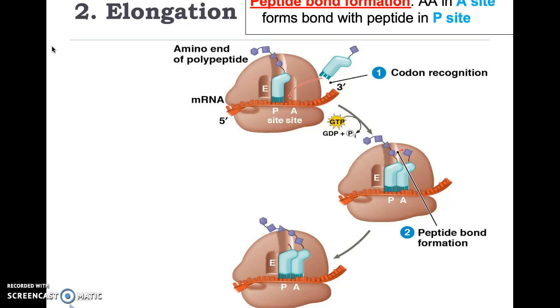If we look at this diagram, on the second step where it says peptide bond formation on the right, you can see that the existing polypeptide chain is getting transferred to the right to the A site to make that polypeptide longer. Now, basically what's going to take place is that the ribosome is going to move towards the right. That's going to shift the tRNA molecules into a new position.